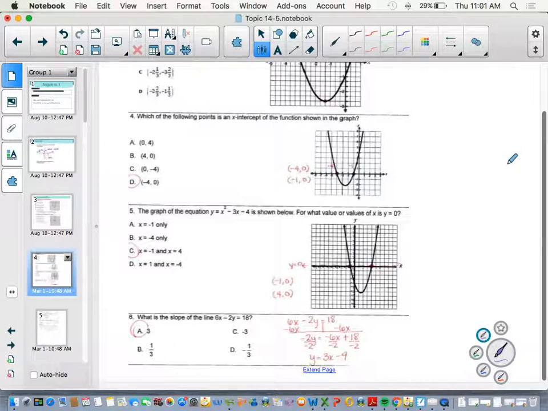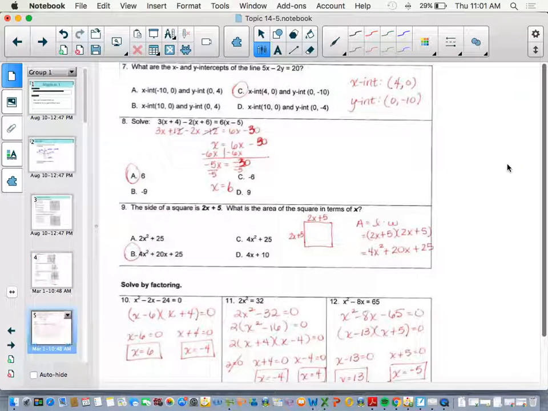What's 3? 3 is A. Okay, check 7, 8, 9, 10, 11, and 12.